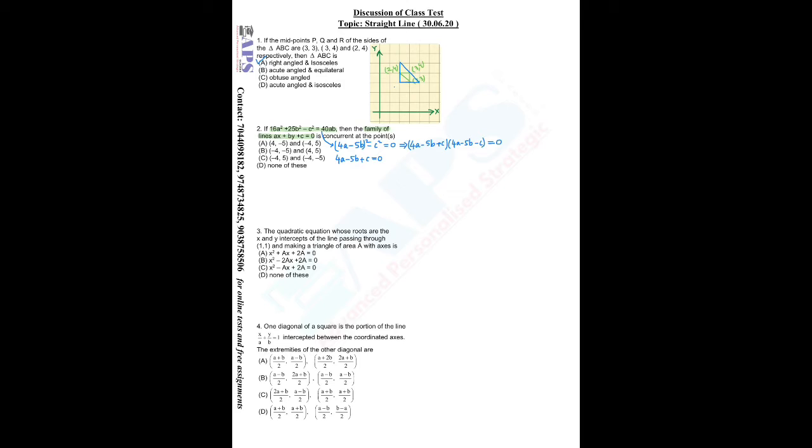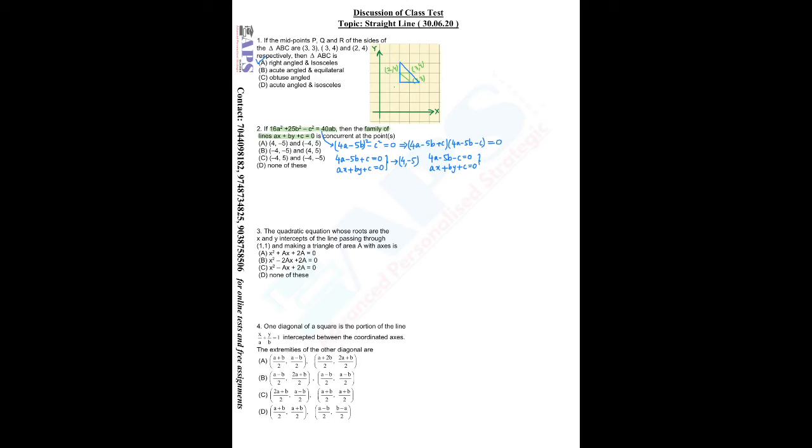This is 1, and when I compare it with ax plus by plus c equal to 0, we can get the point of concurrency as 4, minus 5. Right, and if I compare it with the other one, which is 4a minus 5b minus c equal to 0, and the equation is ax plus by plus c equal to 0, this is a family of straight lines.